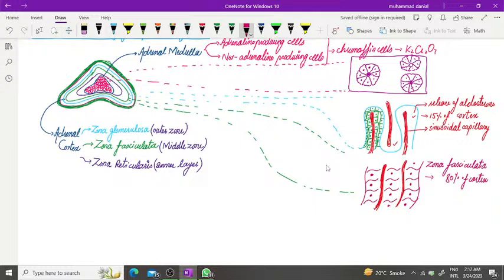And it is responsible for the release of cortisol. Cortisol is a hormone released by zona fasciculata and is responsible for regulation of glucose in the body and is released in stressful conditions or under crisis.